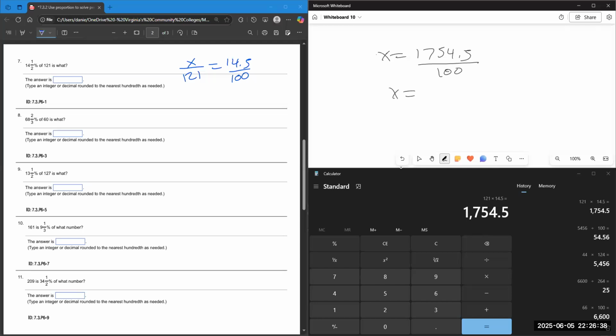X is 17.545. Round to the nearest hundredth as needed. So x is 17.55. That was number 7.